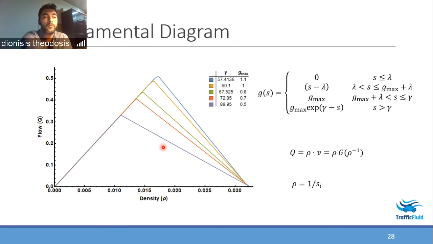Finally, note that this triangular fundamental diagram is due to this particular function g as designed here, and in general it can have any desired shape as long as it satisfies some standard properties. For instance, it has to be on the free flow side. It cannot be larger than these values.